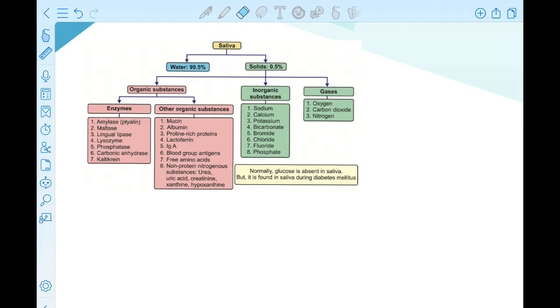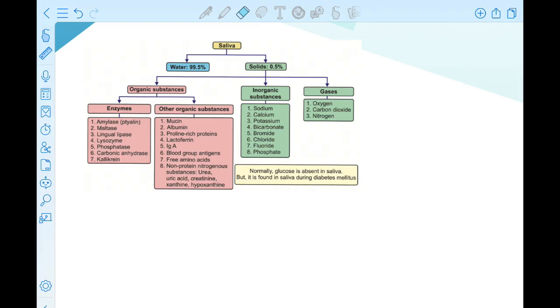So the headings can be the same. It can be applied to gastric secretions as well as pancreatic secretions, which we will discuss in the next class. So, coming back to this classification, always remember it is best to draw flowcharts and such illustrations for your exam, because it makes it easy for you as well as for the invigilator who is correcting the paper.